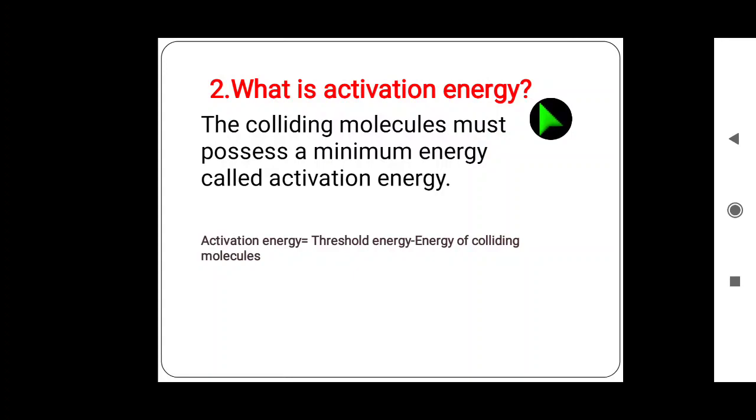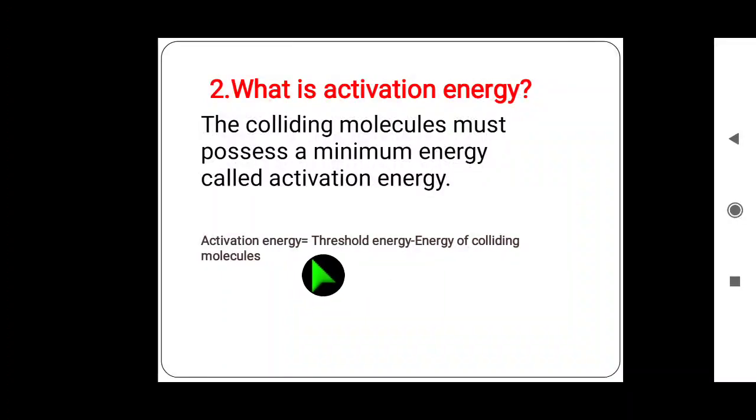For getting the product from the reactant, the activation energy is very important. So what is activation energy? The colliding molecules A2 plus B2 must possess a minimum energy, which is called activation energy.